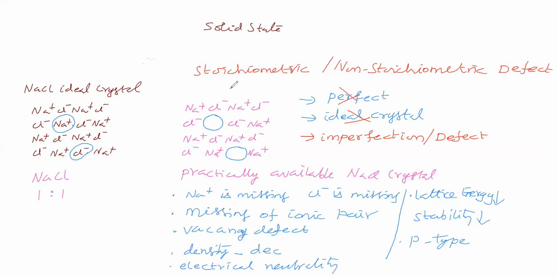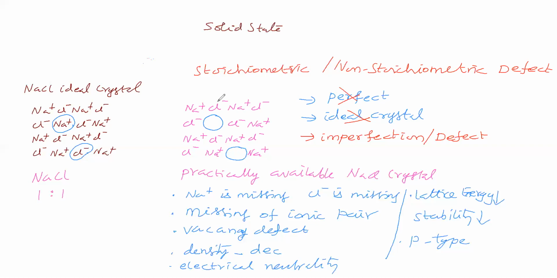Now we will see the formula of the ideal crystal. The sodium chloride ideal crystal formula is NaCl, the ratio is 1:1. Sodium is 1 time means chlorine is 1 time. Now we will see the formula of this crystal. We said this crystal is electrically neutral. For each Na+ there is 1 Cl-.